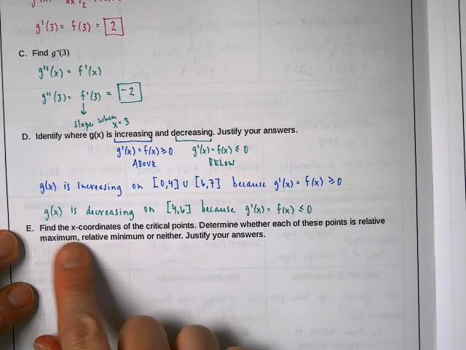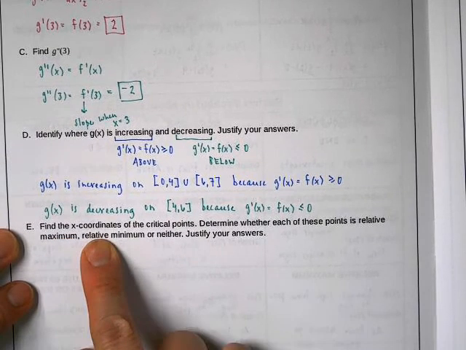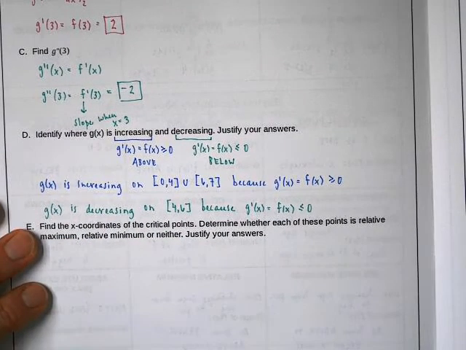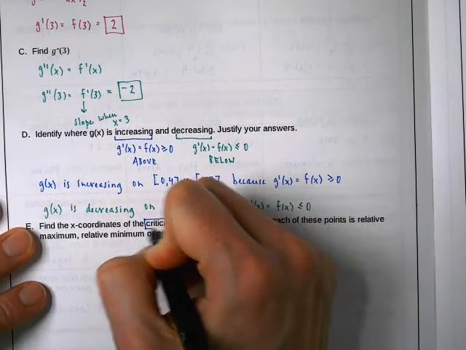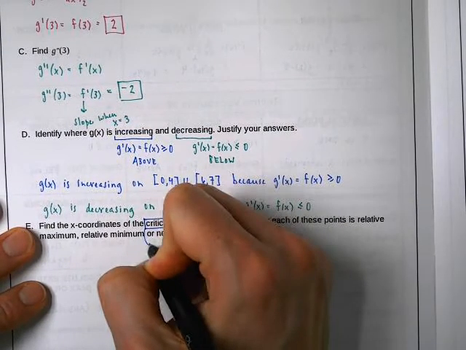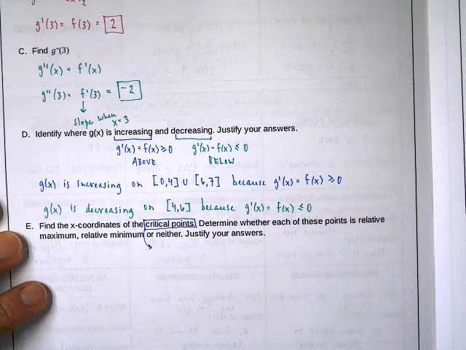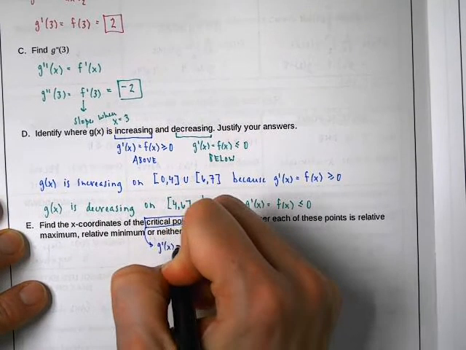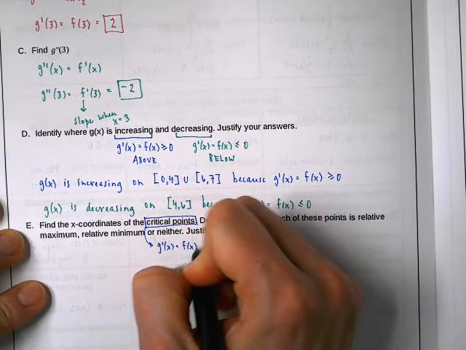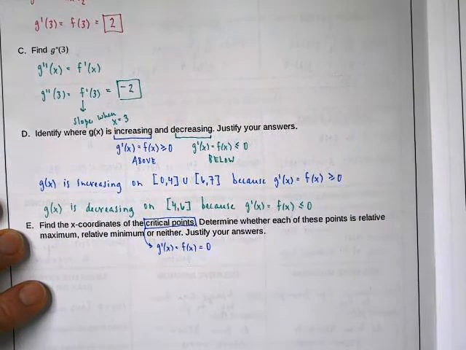All right, next one asks for the x-coordinates of the critical points. So remember here, the critical points are where, I'm going to draw a box around here. Critical points are where, let's see, I want the critical points of g. So it's where g prime of x equals f of x, where it's equal to 0.